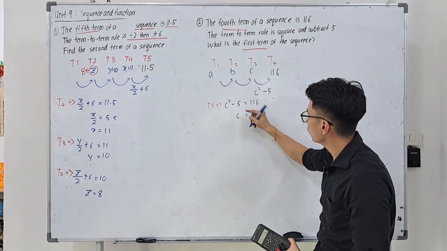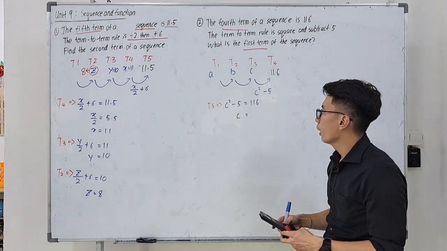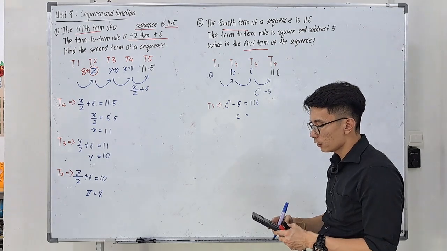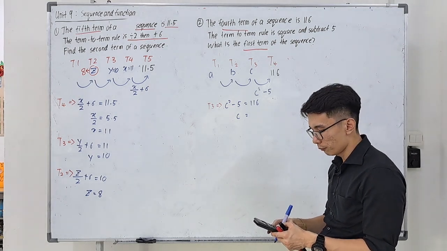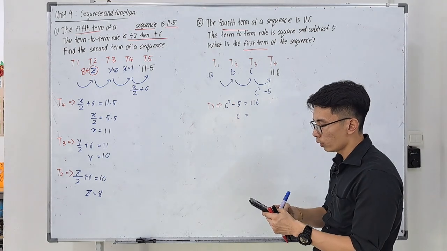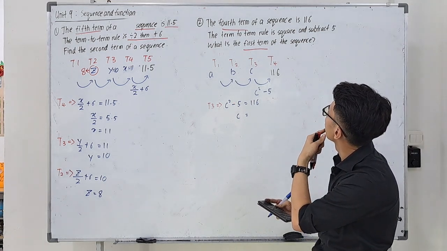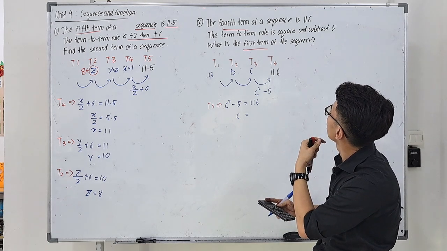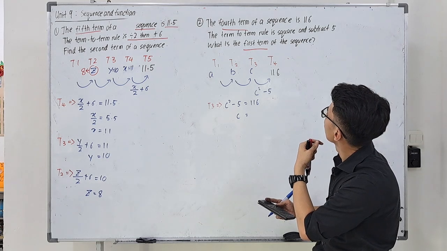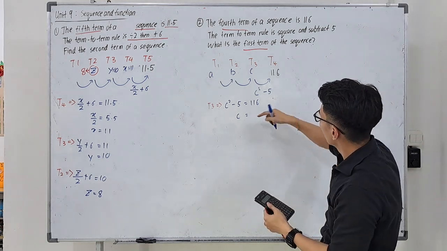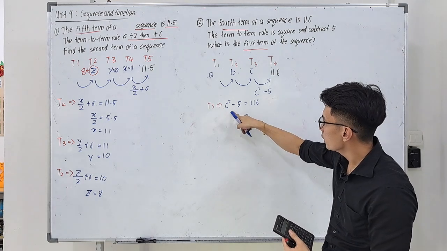So c is equal to, bring this over, 116 minus 5, that will give me 111, and then square root of 111, wait, oh, my apologies over here.